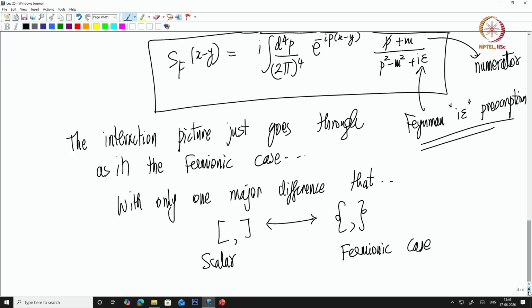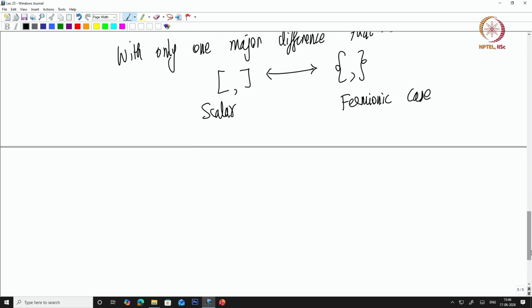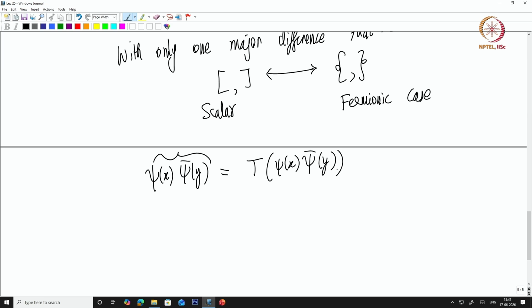So you have things like psi of x, psi bar of y contraction. This is nothing but the time ordered product psi of x, psi bar of y. Now this should be equivalent to the normal ordered product. That's what Wick's theorem tells you.